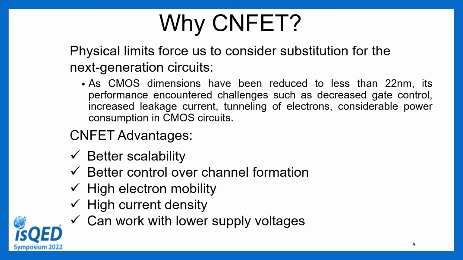And the advantages of CNFET, such as better scalability, better control over channel formation, also better control over the current flow, high electron mobility, high current density, and the fact that it can work with lower supply voltage will enable us to consider it as a substitution for next generation circuits.